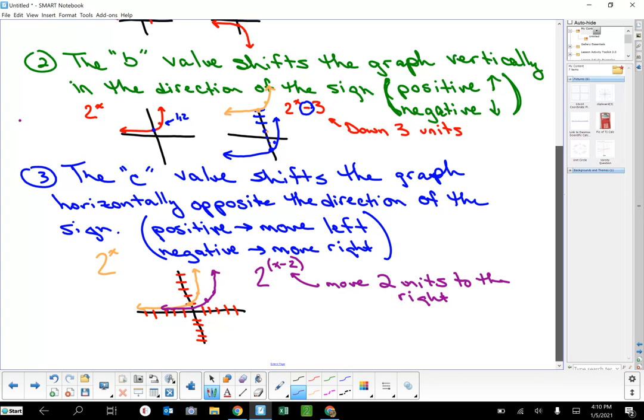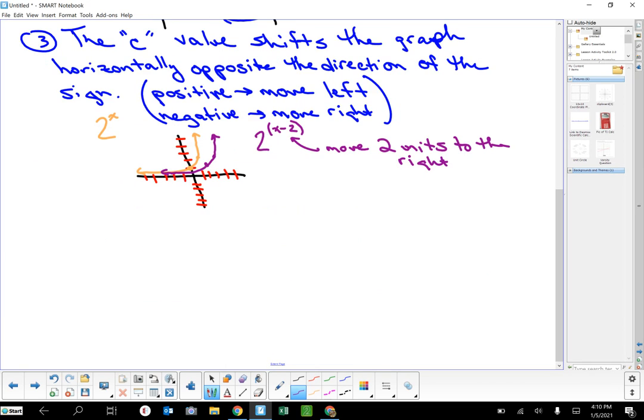Okay, so let's take a look at the notes here. I've got the C, I've got the B, I've got this. All right. If the exponent is negative, so this is interesting, this is the next one, number 4.